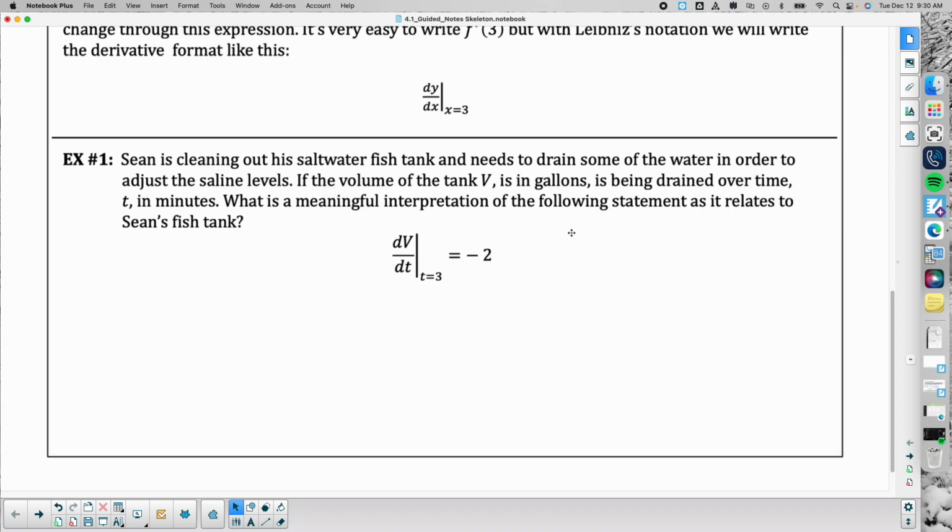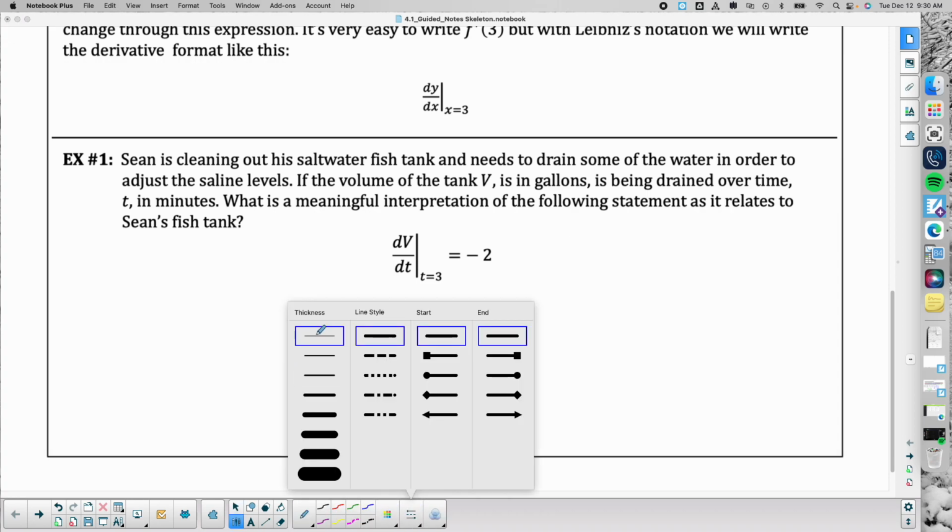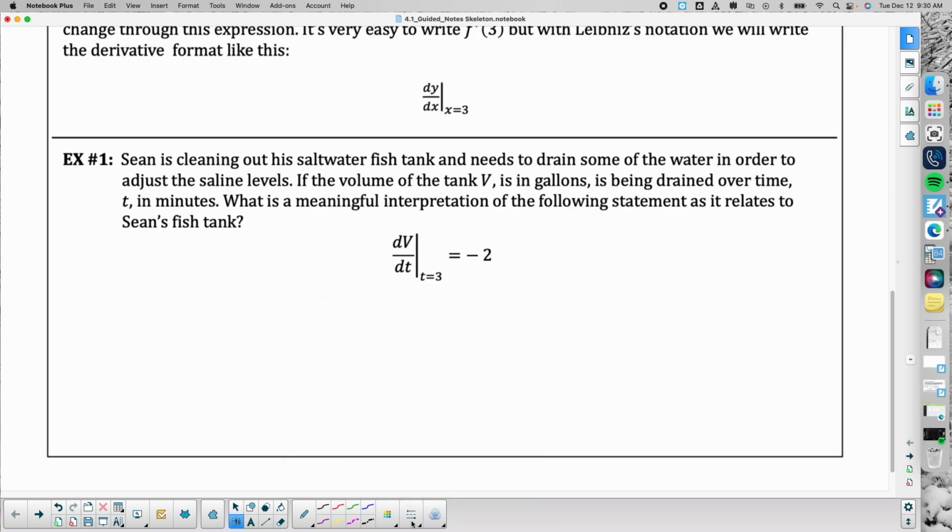The variables that are written there specifically tell us what the label is going to be. That's going to be the most important thing for you guys to get when we switch to word problems. The fact that volume is on the top, what was the unit for volume? Gallons, okay.